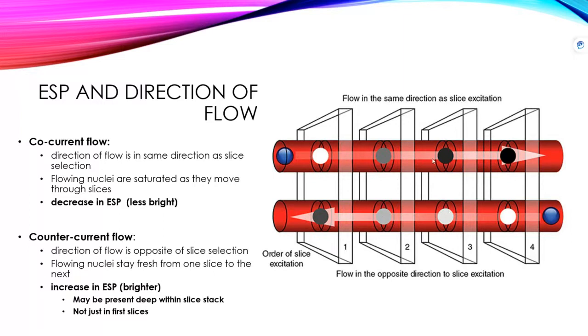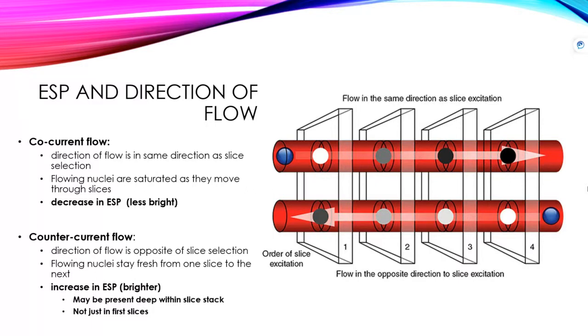If you're going with the flow, you're acquiring your slices with the flow, you're going to decrease that entry slice phenomenon. So you're not going to have as bright of a signal. And then notice on figure 6.7 and 6.8, the signal contrast for both the inferior vena cava and the aorta are almost exactly the same, because they're both in the middle of the stack of slices.